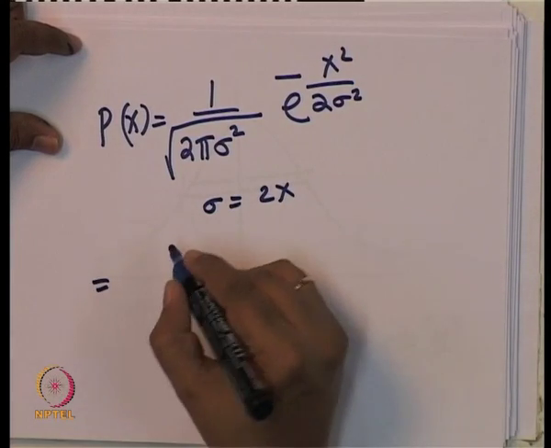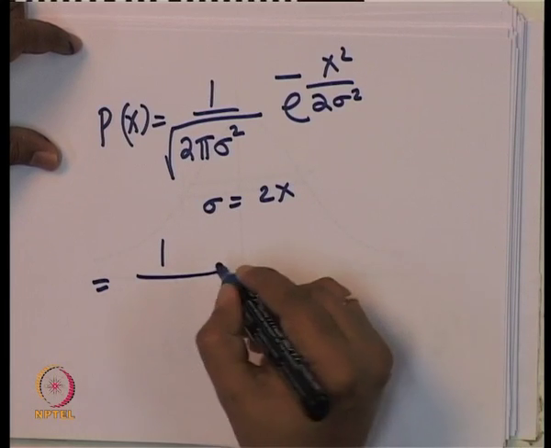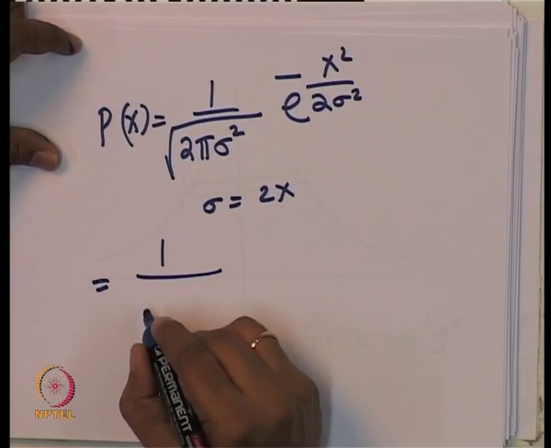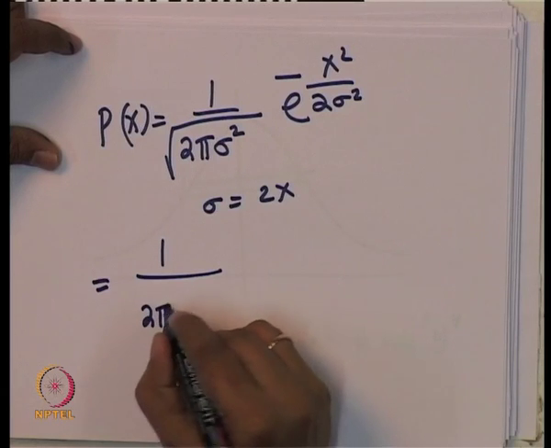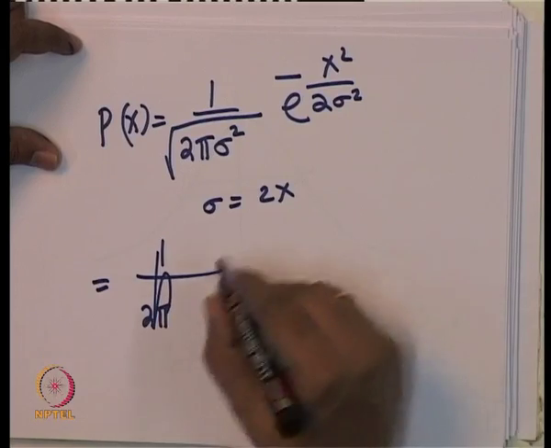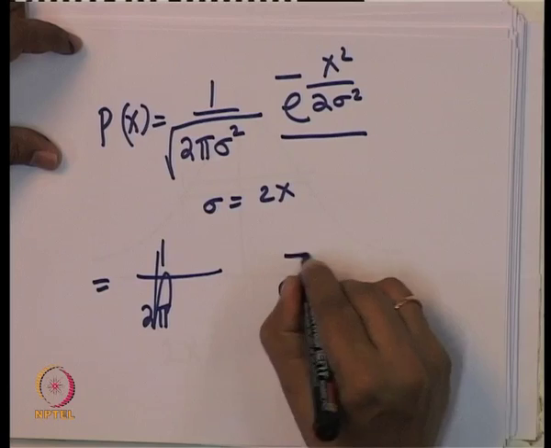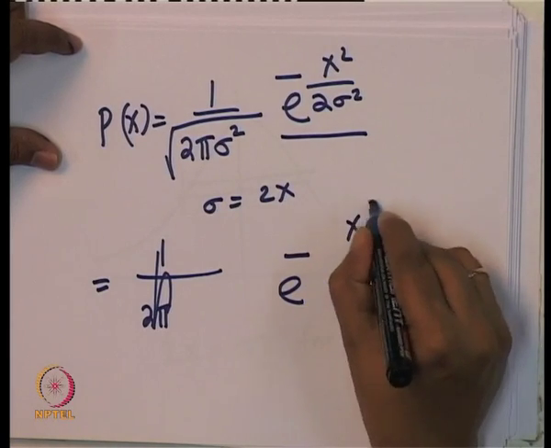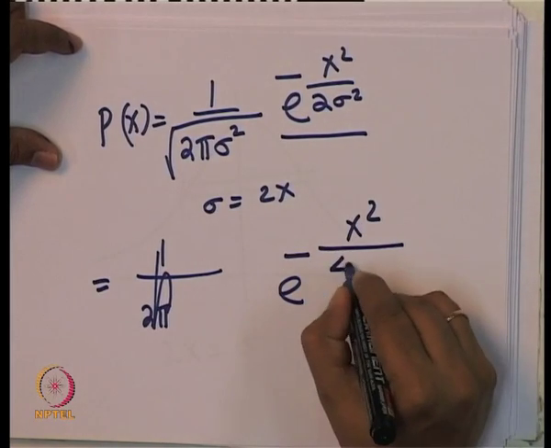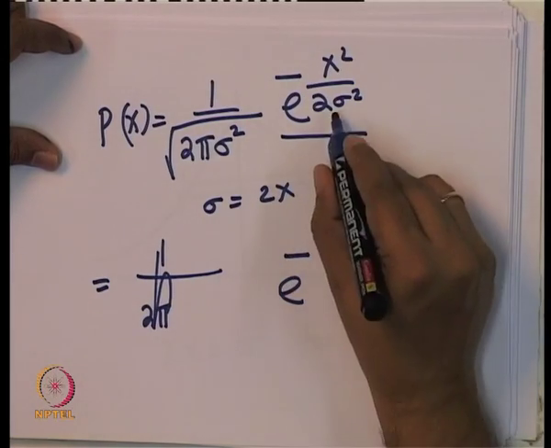So, what do we get? 1 over root of 2 pi. Let us look at this particular part. If you look at this, what is that? E power minus x square by 2 into 2x square.